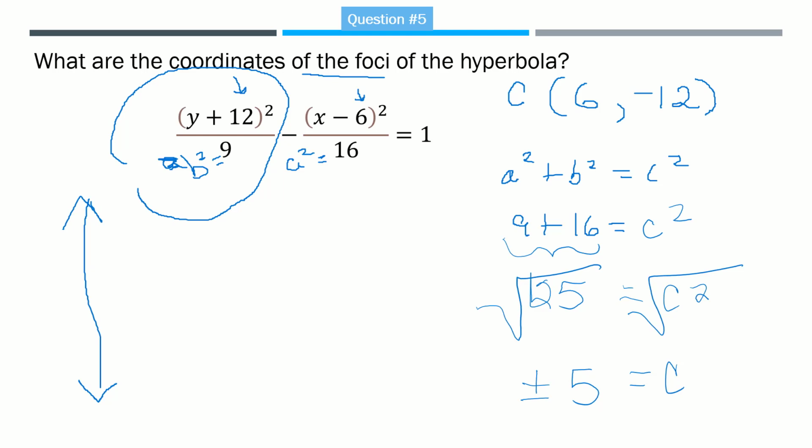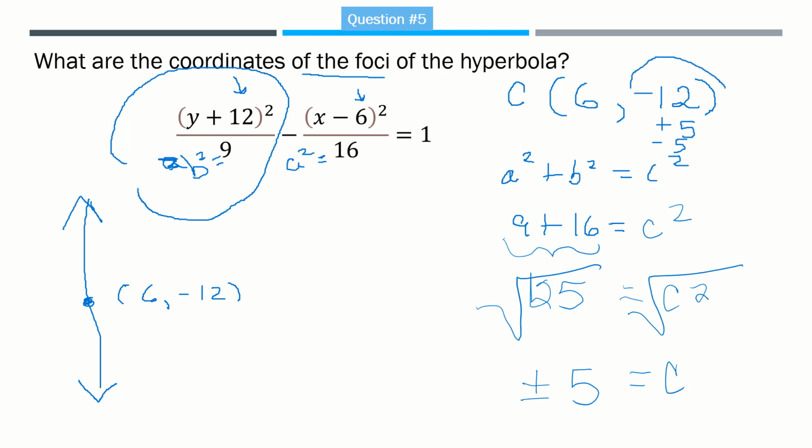So we're going to change the y value by adding 5 and subtracting 5 to get where our foci are. The center, we've already identified that, is at 6, -12.